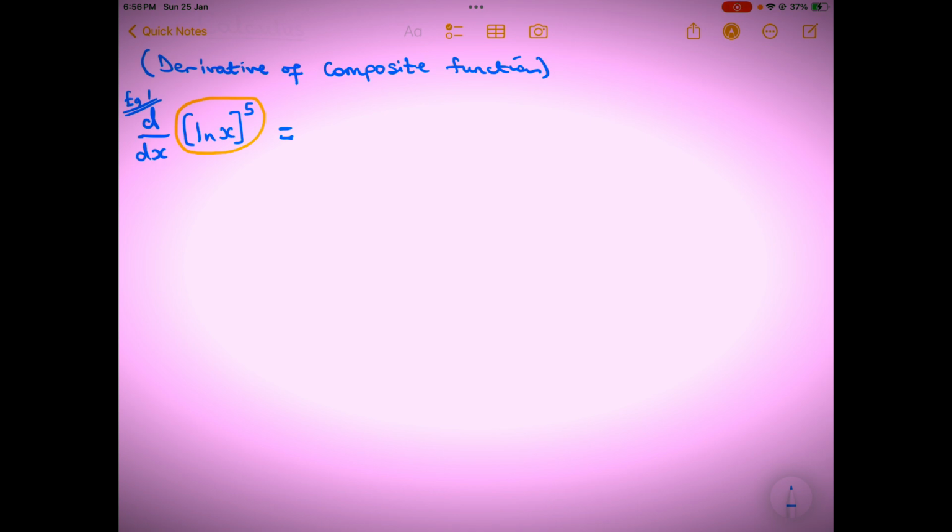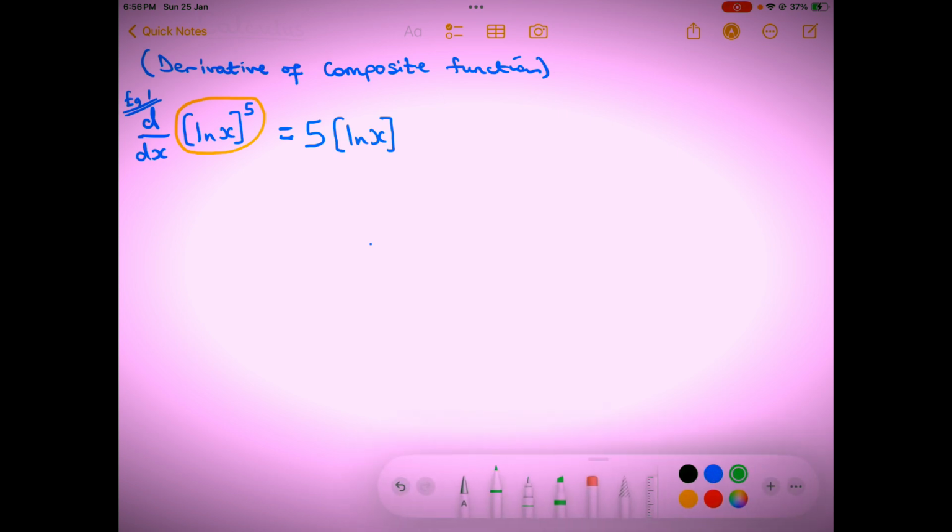According to the power rule, the 5 will move down as you see, and then it will multiply the ln x, that is the inside function. You keep it as it is, and then you have to minus 1 from the 5. So when we minus 1 from 5, we get 4. So this is the first step.